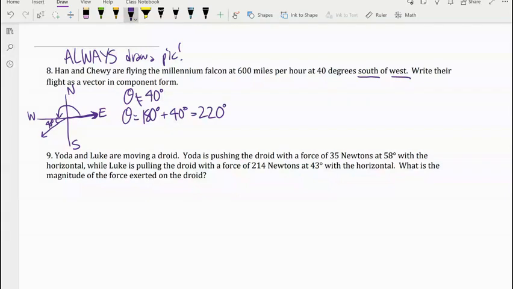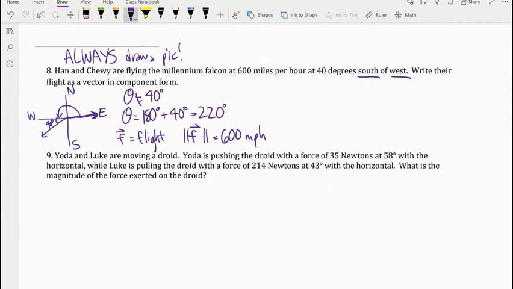All right, and then how does 600 miles per hour work? 600 miles per hour is the magnitude. So if I let F equal the flight, then the magnitude is equal to 600 miles per hour. The magnitude is the speed, and then the direction is 220 degrees.